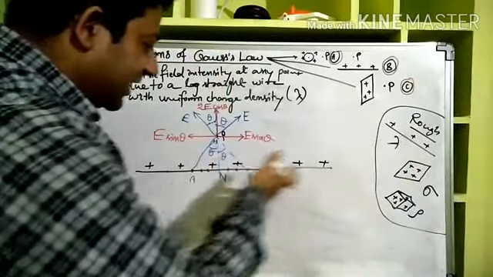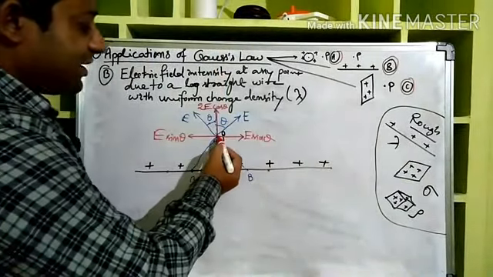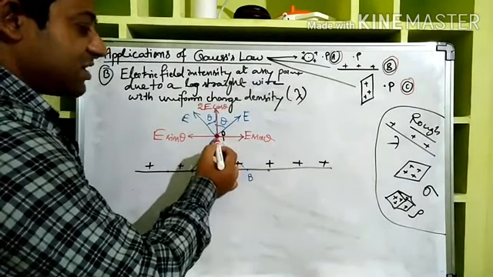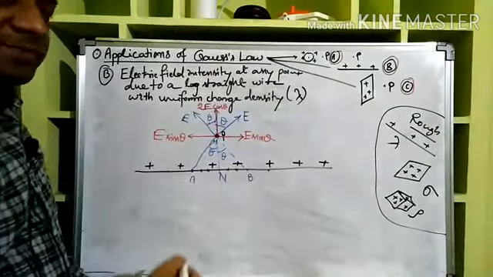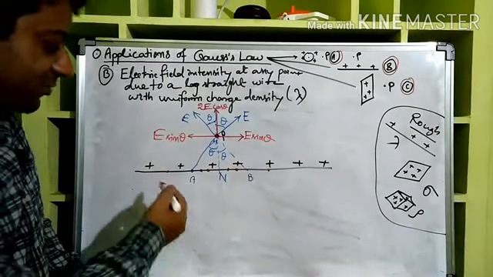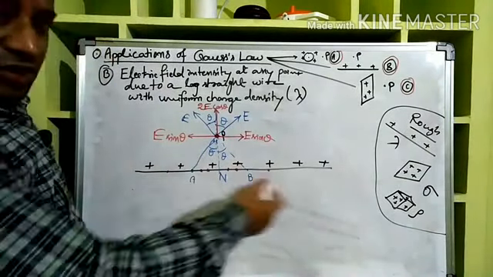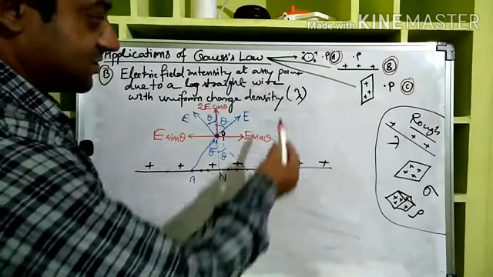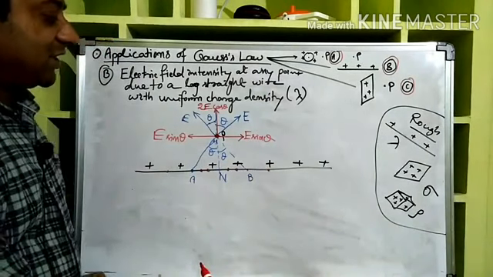That's why, because of the entire wire, if we find out the electric field intensity at a point P, it must be only perpendicular to the long straight wire, which has a uniform charge density lambda.